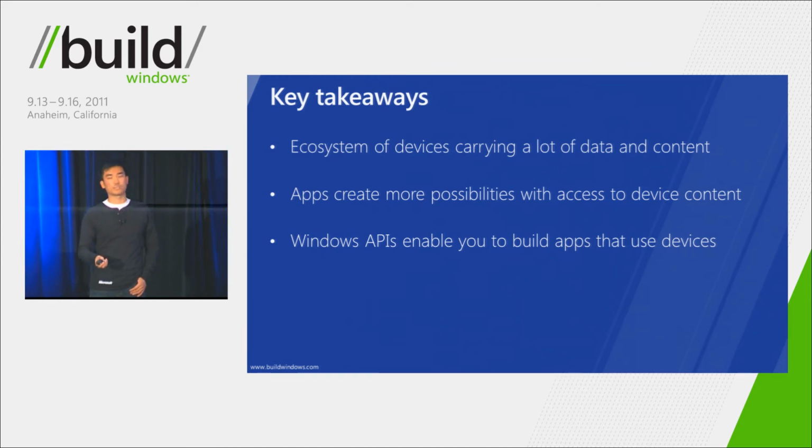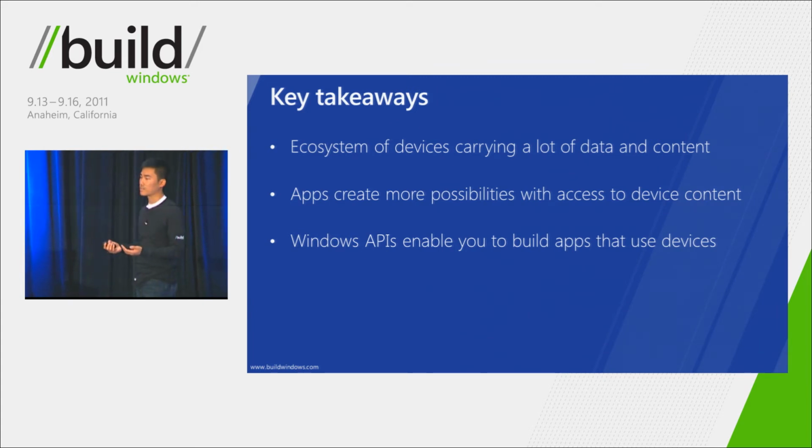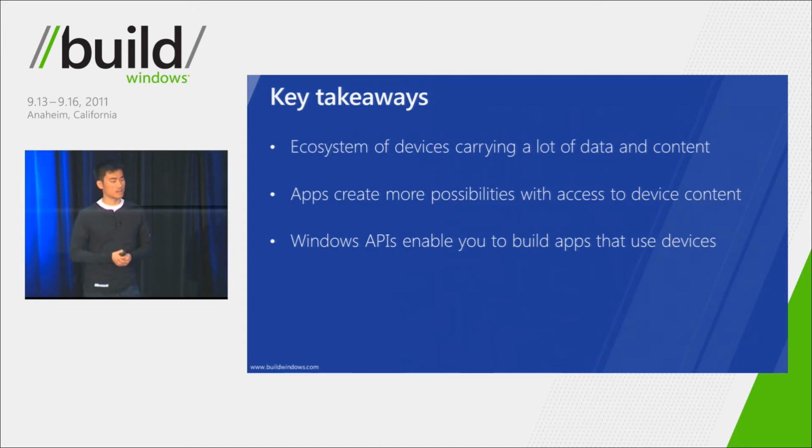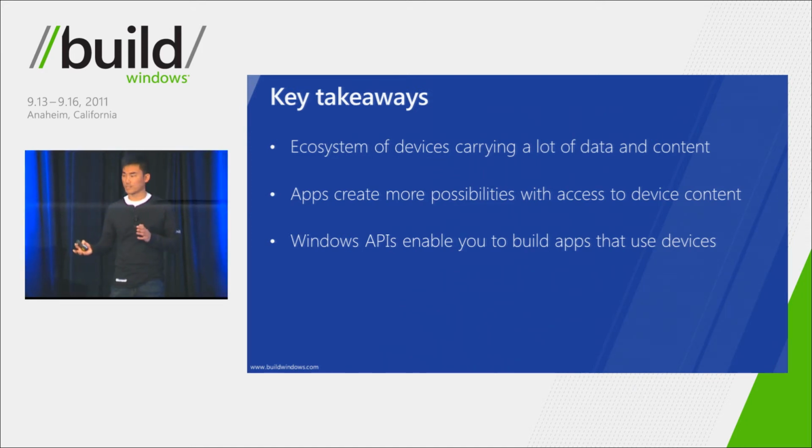And by using those different devices, you can create more possibilities and new scenarios in your app. Windows really makes this easy by providing APIs that get rid of the differences between different device models. So you don't have to be an expert in a certain device model, and you can support a wide variety of devices using the same code for common functionality.